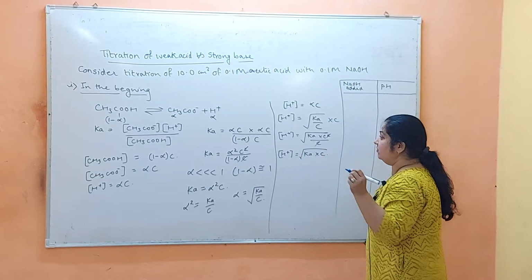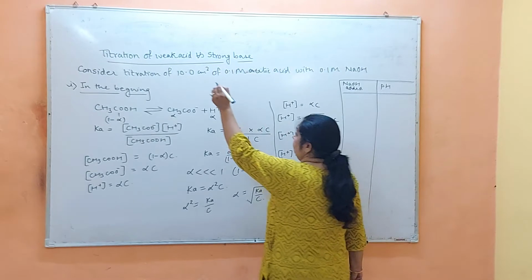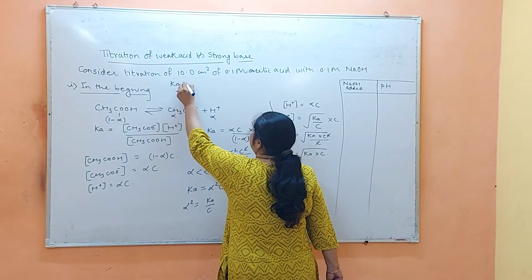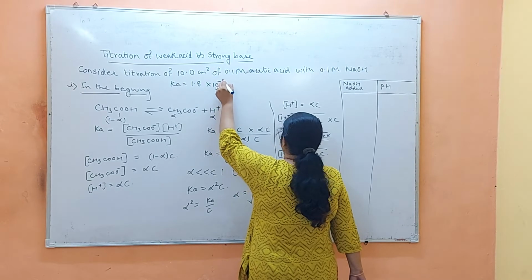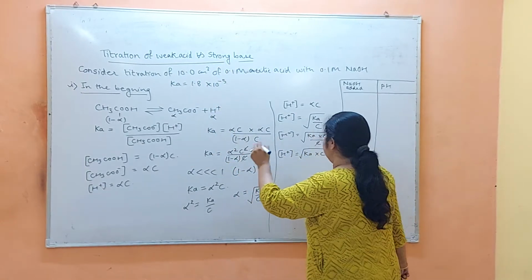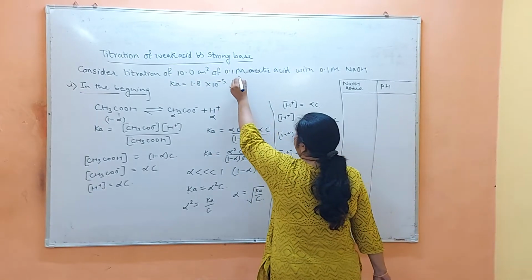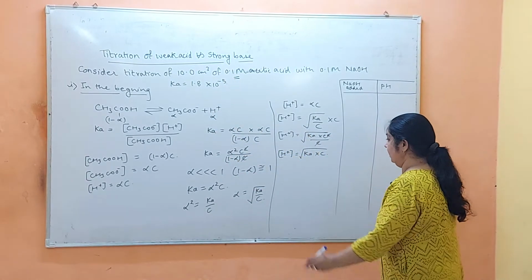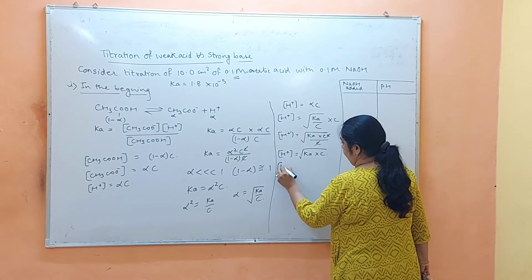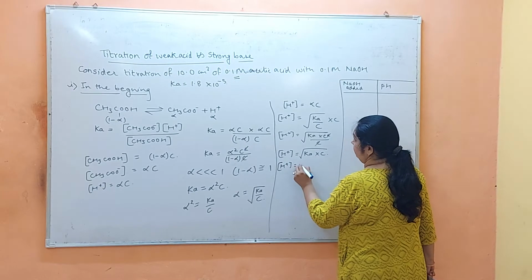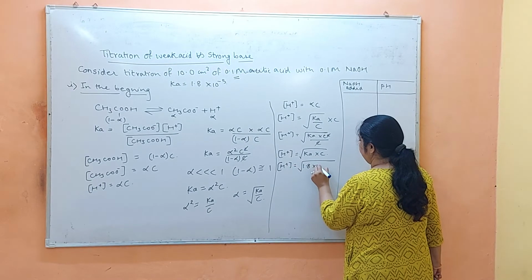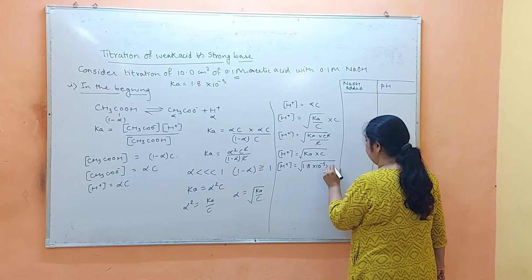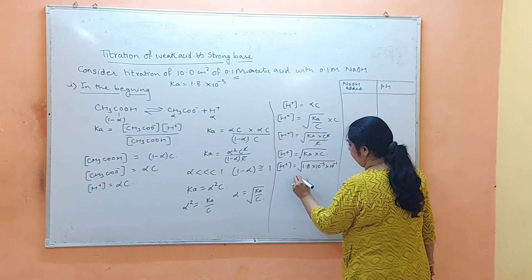Now see, for weak acid, we have Ka equal to 1.8 into 10 raised to minus 5. And here the concentration, we know, is 0.1 molar. So H plus will be equal to under root of 1.8 into 10 raised to minus 5 into 0.1, that is 10 raised to minus 1.